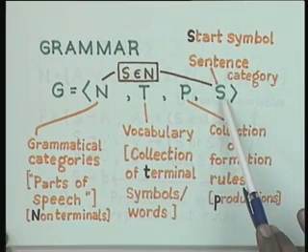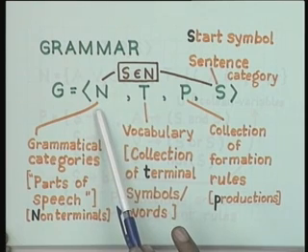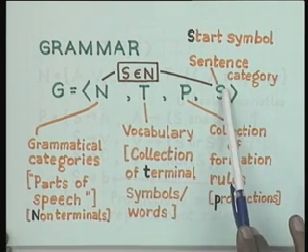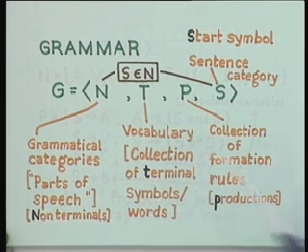S really represents a grammatical category in N called a sentence. So the basic element of the language is what constitutes a sentence.